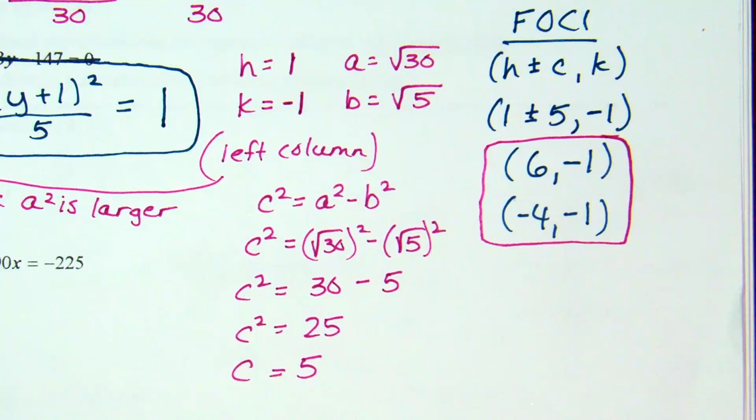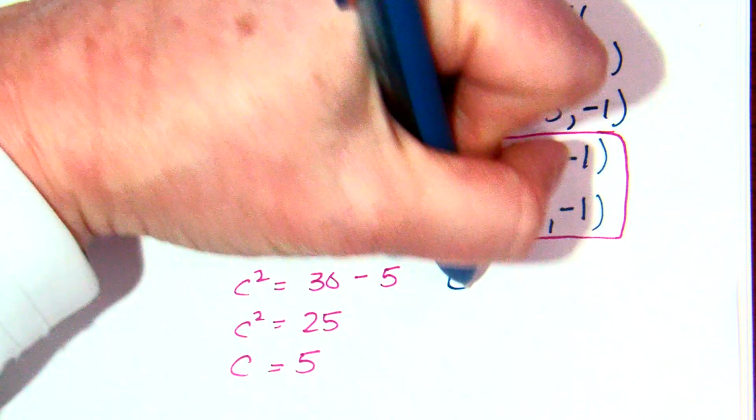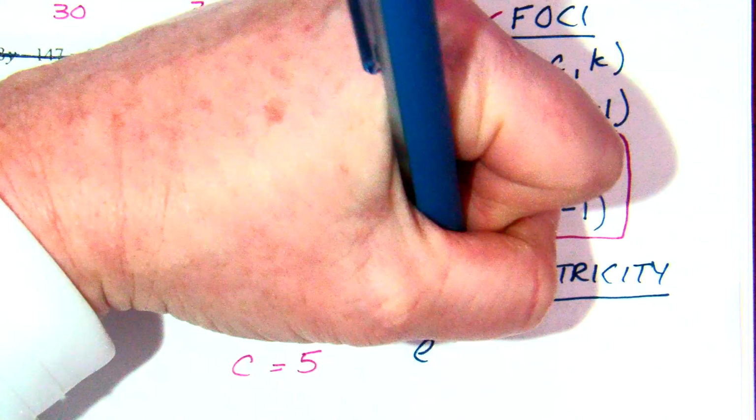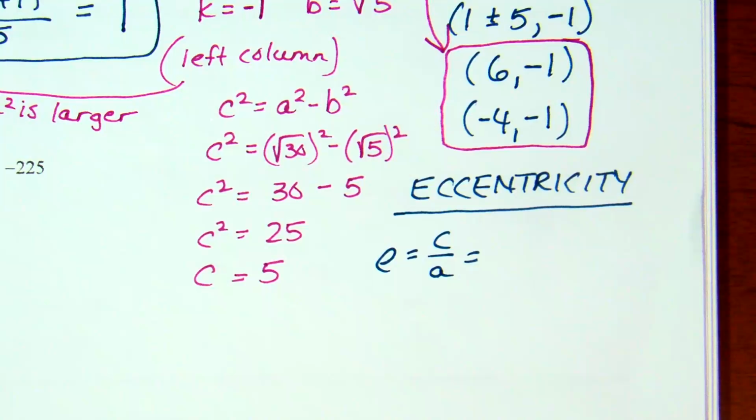Oh, then you do C over A, don't you? And we have one last thing we are supposed to be finding. Eccentricity. The formula, bear with me momentarily if you could. E equals C over A. So 5 over square root of 30.